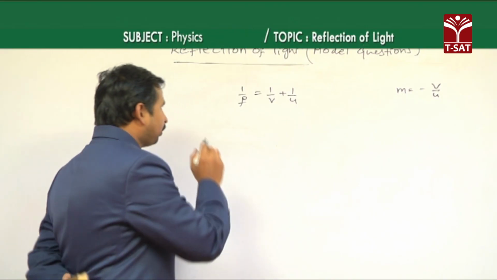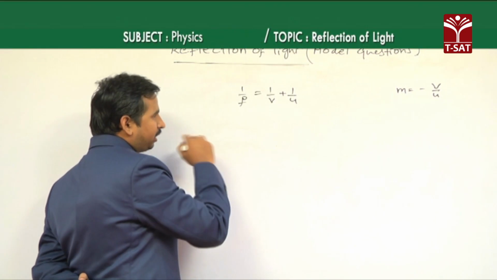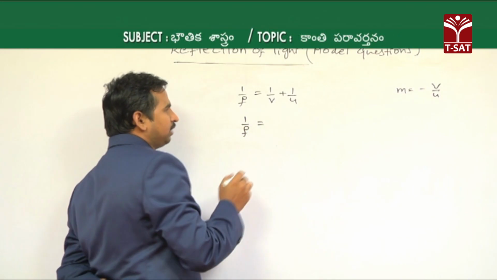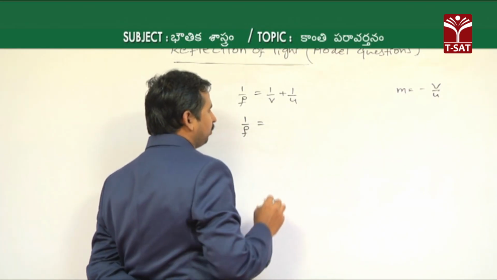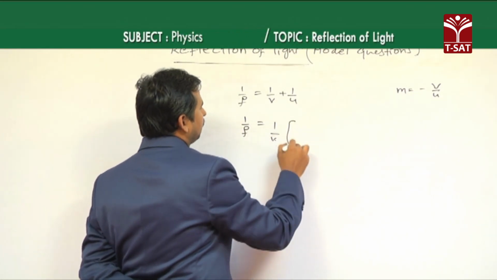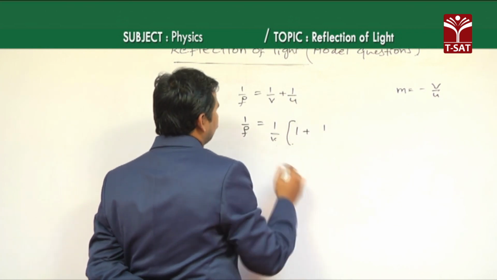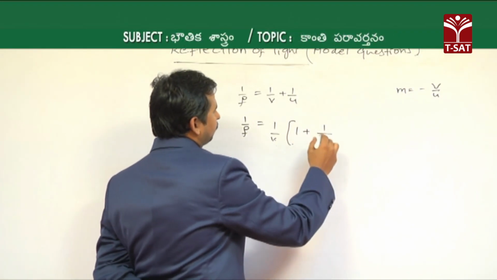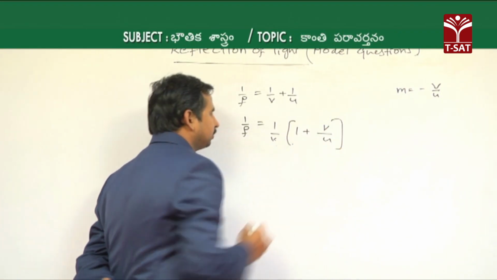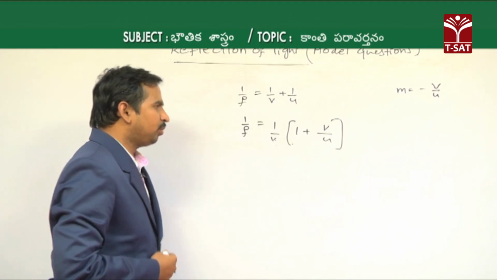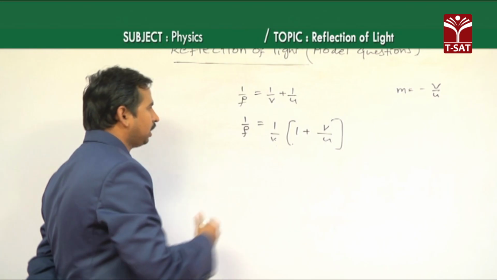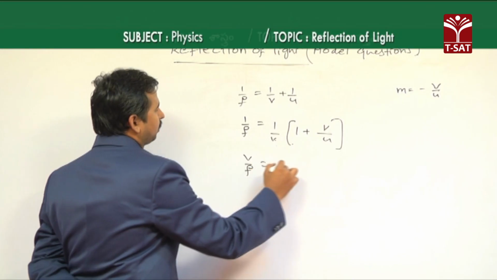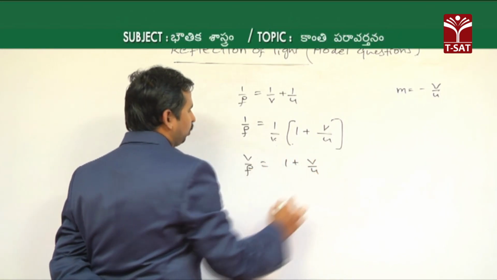From 1 by f equal to 1 by v plus 1 by u, taking 1 by v common, we get 1 by f is equal to 1 by v times (1 plus v by u). Bringing v to this side, v by f is equal to 1 plus v by u.